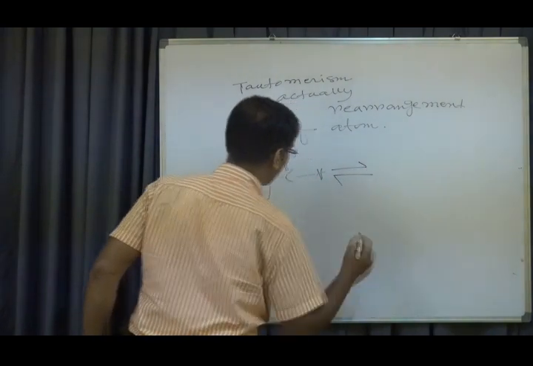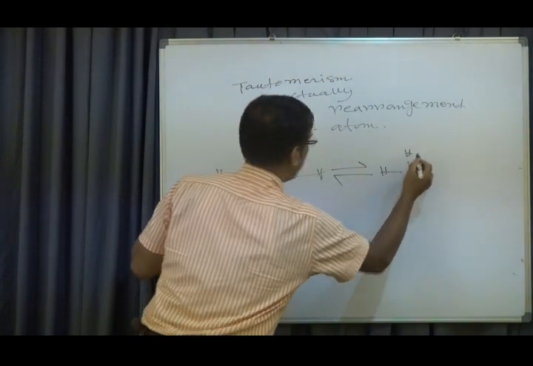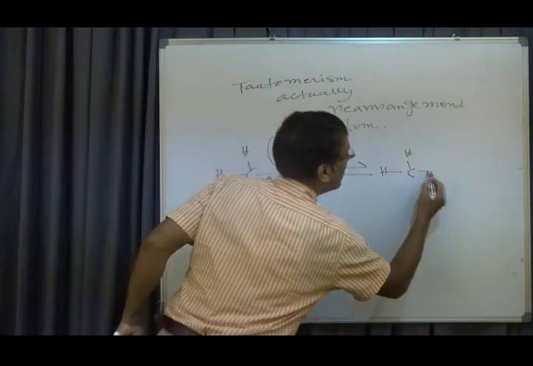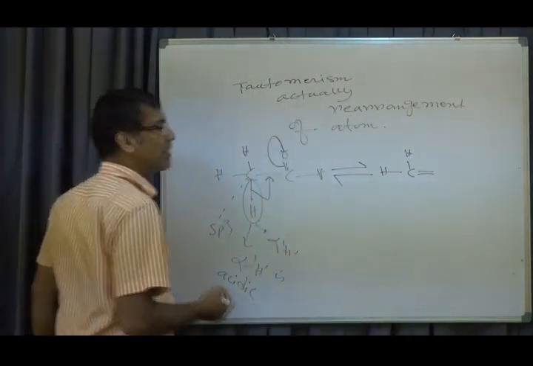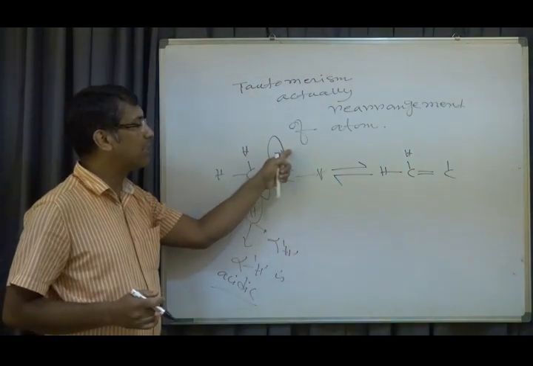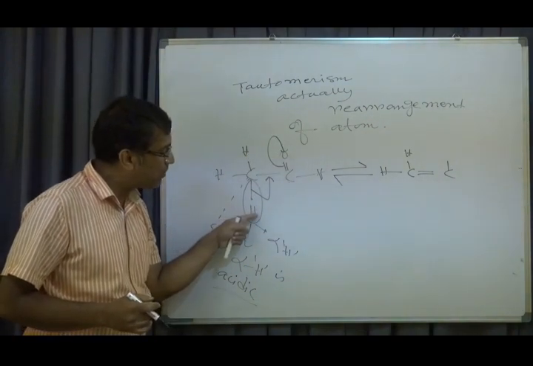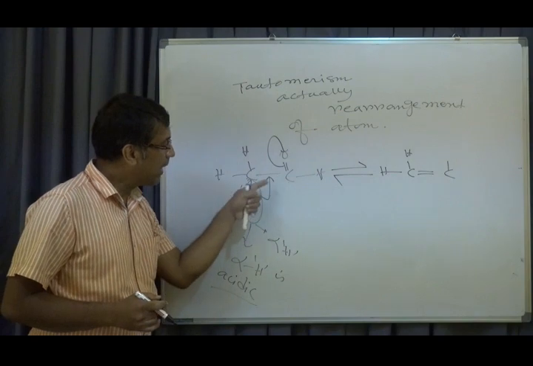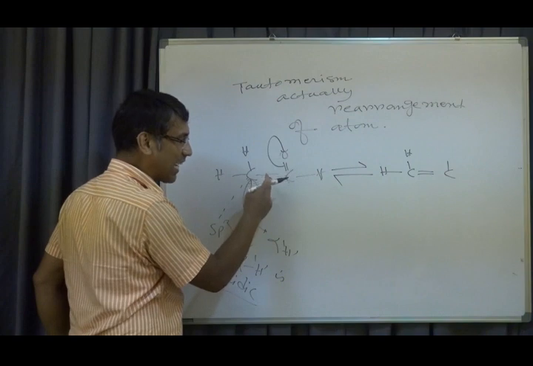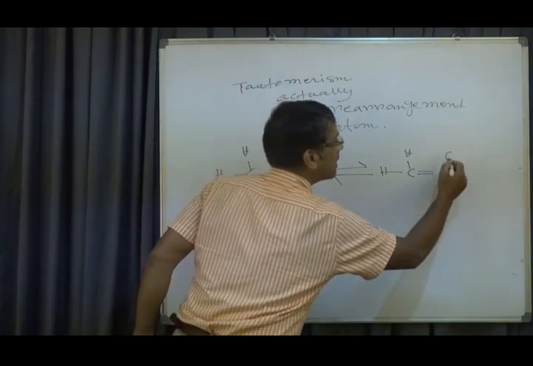You see that after giving up, there was a single bond, now it becomes a double bond, and oxygen attains a negative charge due to shifting of the pi bond, and hydrogen attains a positive charge due to giving up its electron.